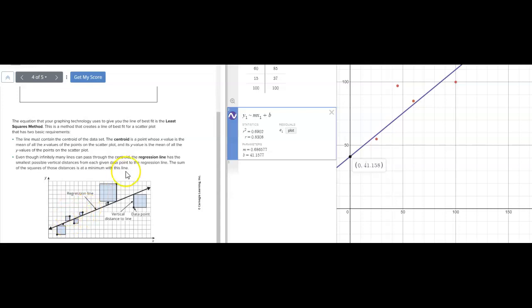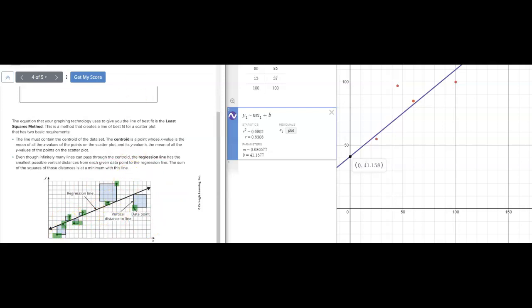If you look at this diagram, the points that you can see here and here and here, if you look really closely, those are all the different data points in this data set.